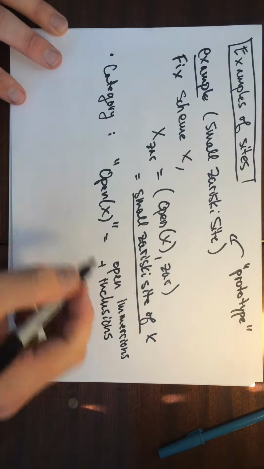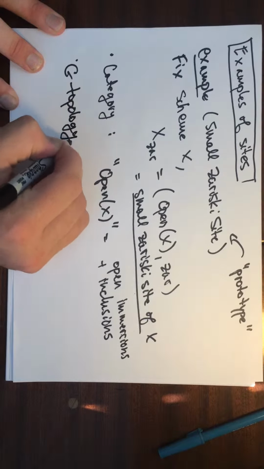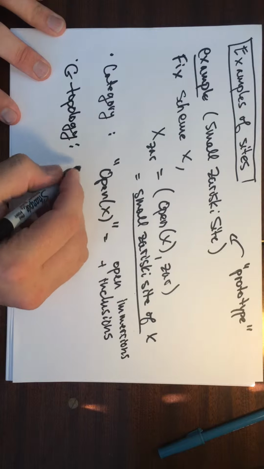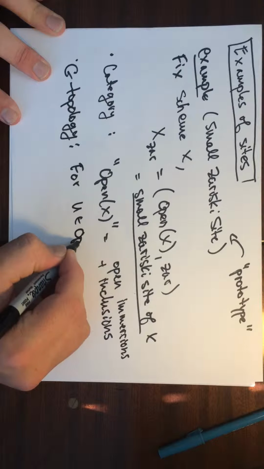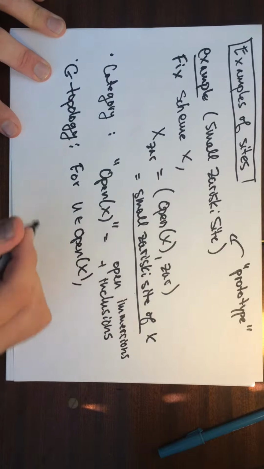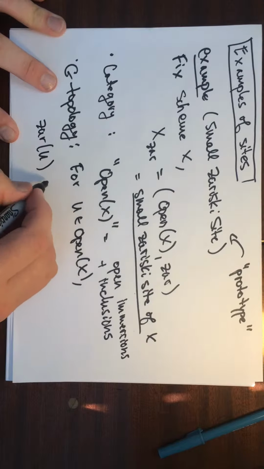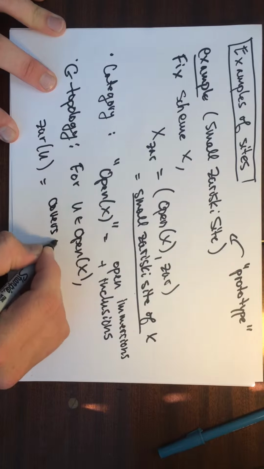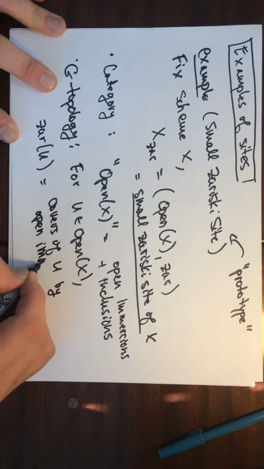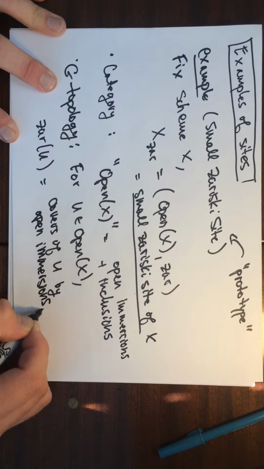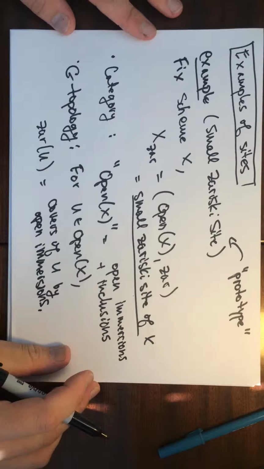So those are the morphisms, and then the Grothendieck topology was, if we fix U an open, we define the Zariski covers to be covers of U by open immersions. Okay, and so this will actually define a Grothendieck topology, so we need to check the axioms.